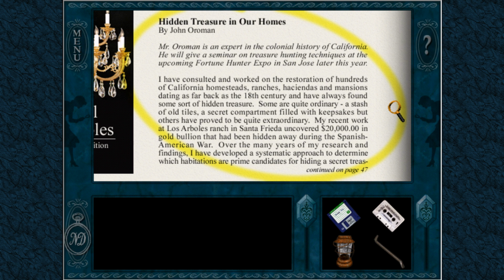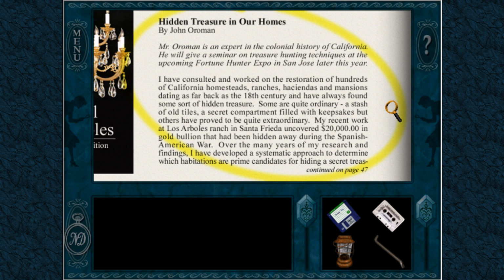Mr. Orelman is an expert in the colonial history of California. He will give a seminar on treasure hunting techniques at the upcoming Fortune Hunter Expo in San Jose later this year. I've consulted and worked on the restoration of hundreds of California homesteads, ranches, haciendas, and mansions dating as far back as the 18th century and have always found some sort of hidden treasure. Some are quite ordinary, a stash of old tiles, a secret compartment filled with keepsakes, and others have proved to be quite extraordinary.